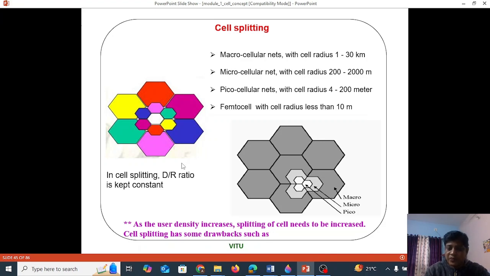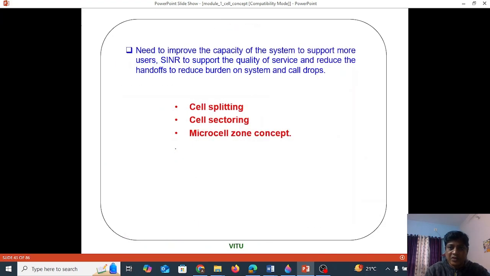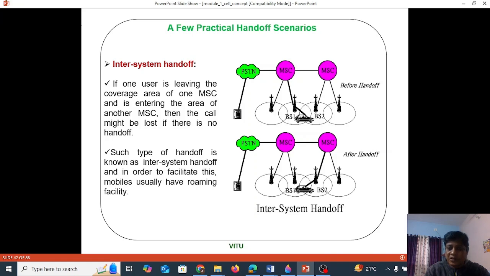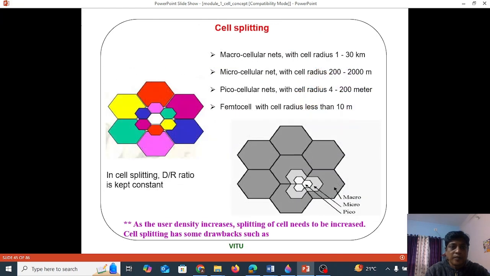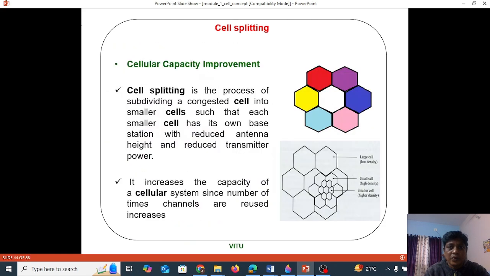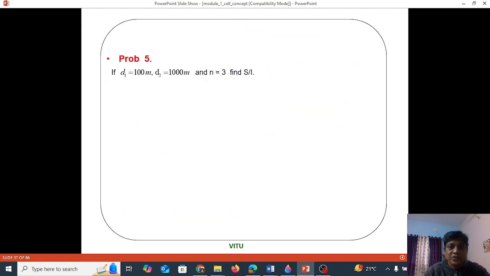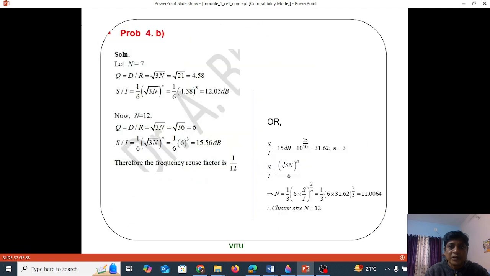If you see the previous figure, better I go to one or two more cells. Just a minute.